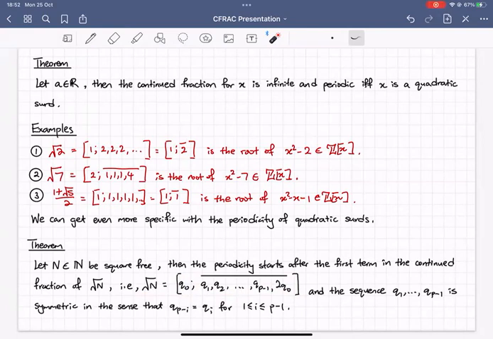And for root 7, 4 is twice 2. And just as a side note, this fact is irrelevant for what we will talk about, but I'll include it here. The sequence Q1 up to QP minus 1 is symmetric, kind of like around the midpoint.